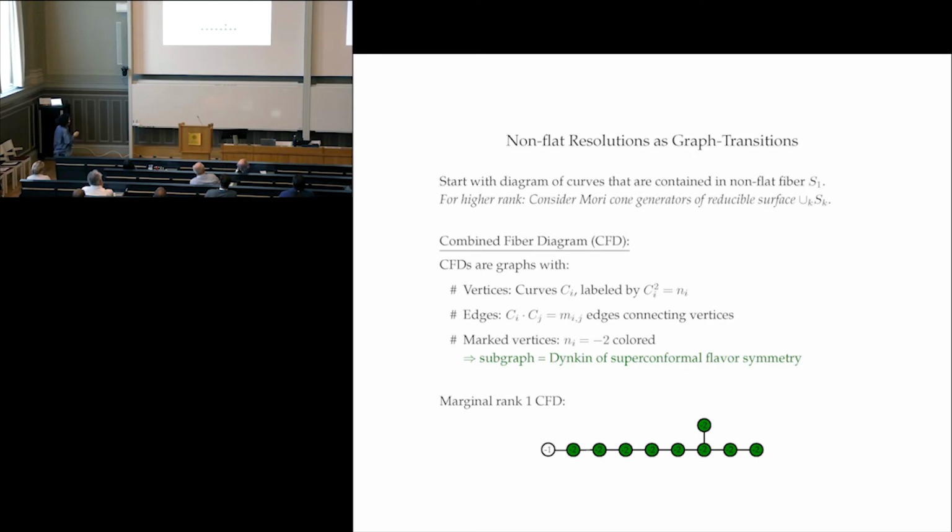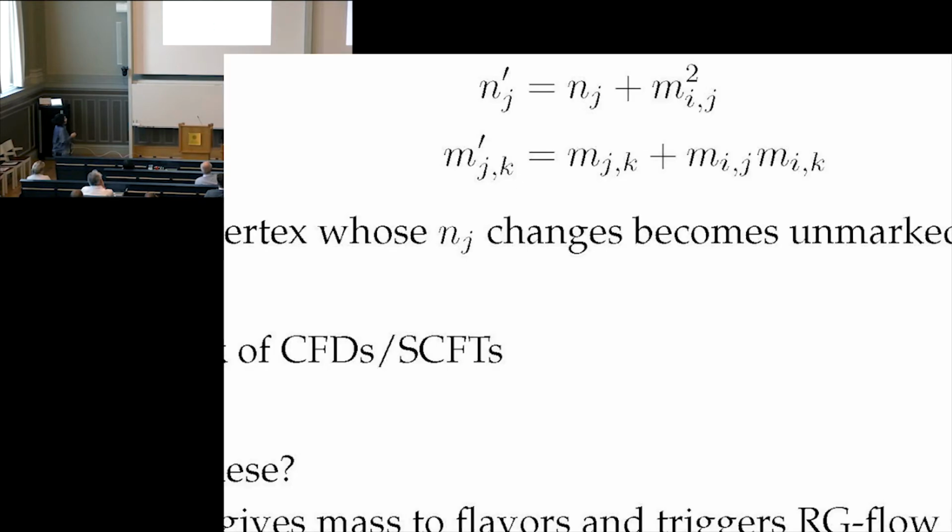And then we'll mark some vertices, those which have self-intersection number -2, and those will be colored, and in fact those will give the subgraph, that'll be the Dynkin diagram of the superconformal flavor symmetry. So this is basically just putting into some more formal framework what this reduced fiber looks like in the rank 1 E string.